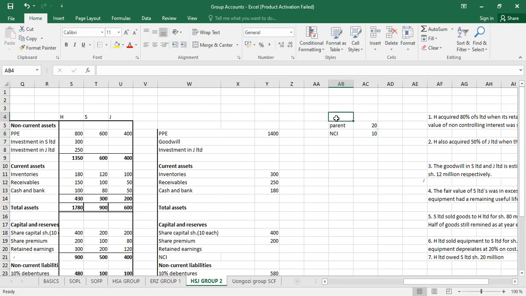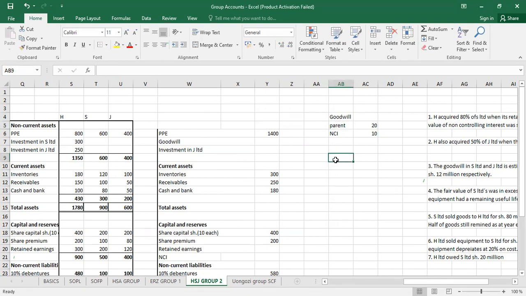Here we have the goodwill computation. Let me check the chart for any question. I don't remember computing goodwill of the parent in there. So let me just take you back slowly.